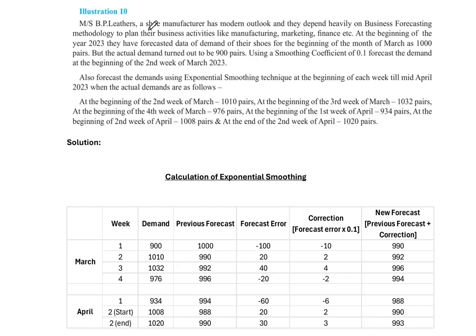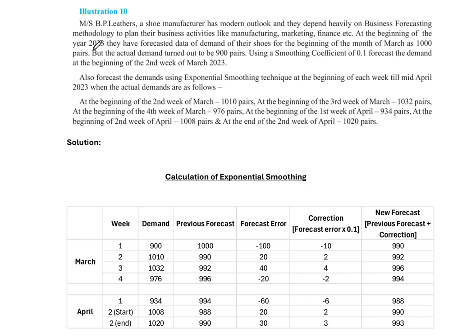MSBP Leathers, a shoe manufacturer, has a modern outlook and depends heavily on business forecasting methodology to plan business activities like manufacturing, marketing, and finance.